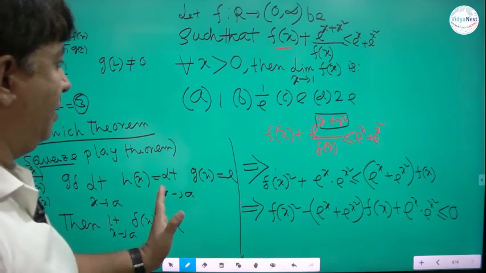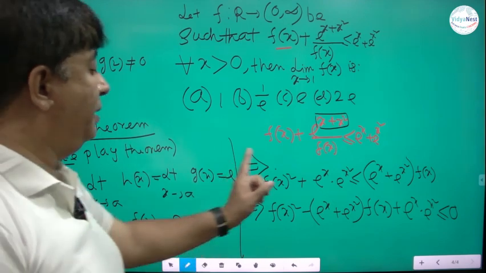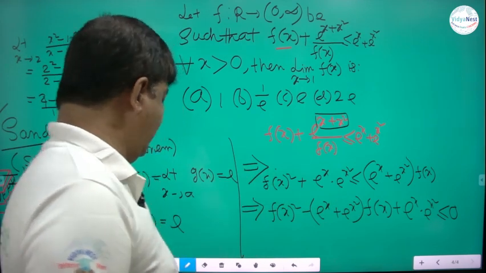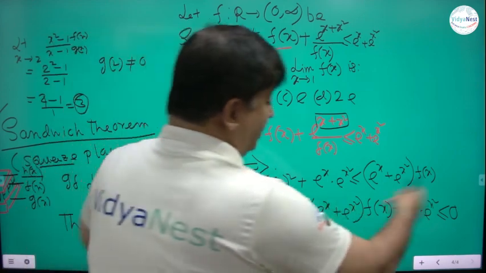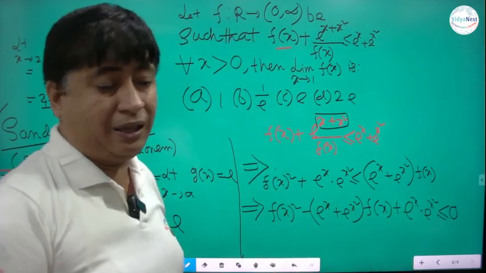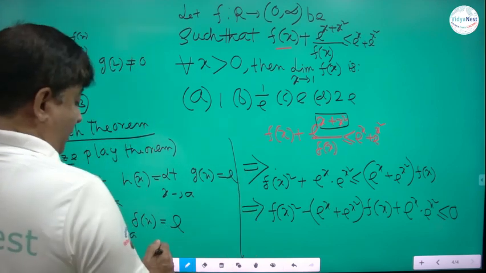Now this sum demands middle term factor. Okay, you remove the brackets, simplify and get it factorized.